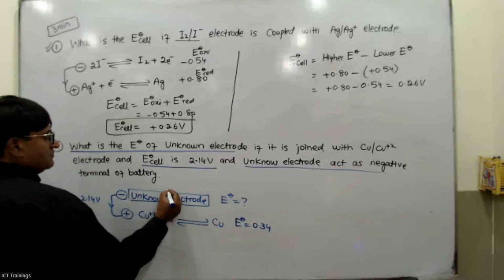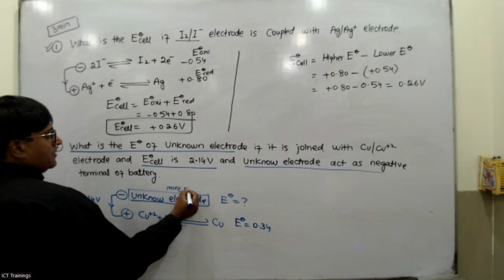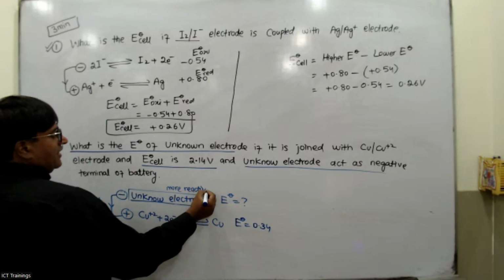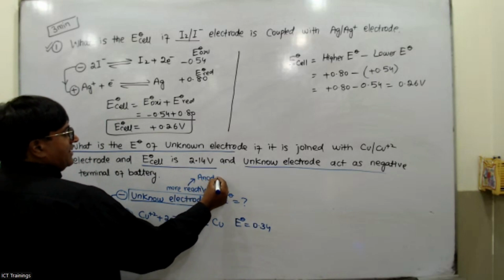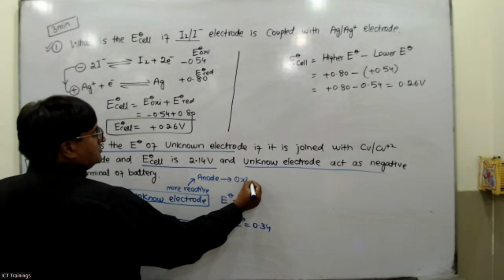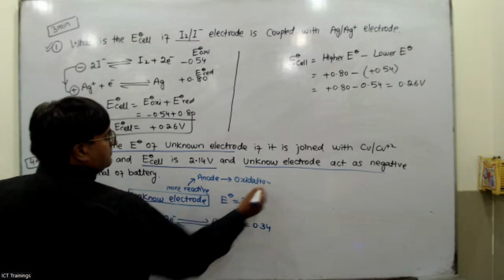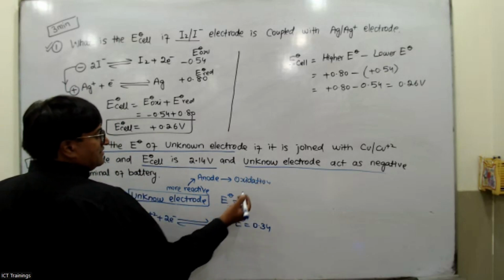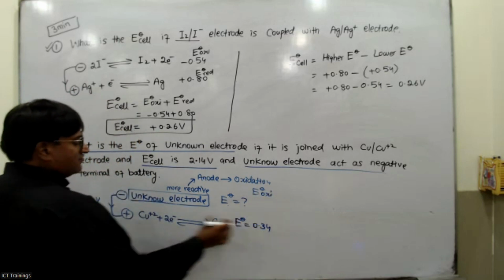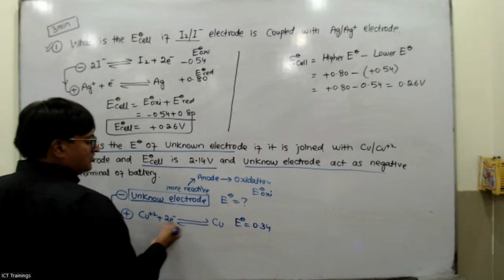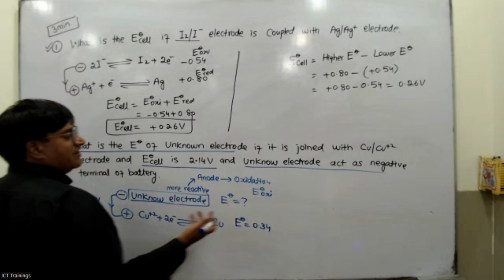Keep that in mind. The more reactive one becomes the anode, and at the anode oxidation takes place. So its value is basically E naught of oxidation, and the value we use for this one is E naught of reduction. So this is already E naught of reduction.